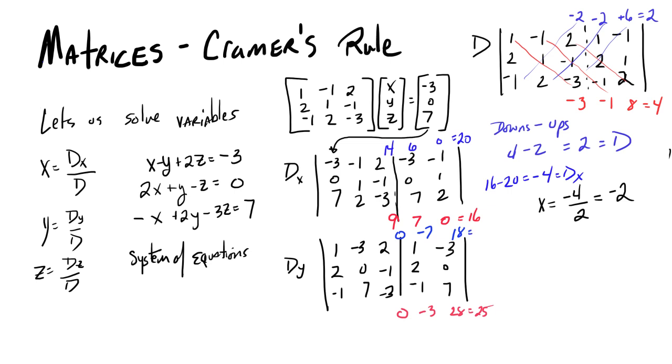Clean that up. -7, 18 is 11. So 25 minus 11 is 14. That is dy. So y equals dy, 14 divided by 2, and the y value is 7.